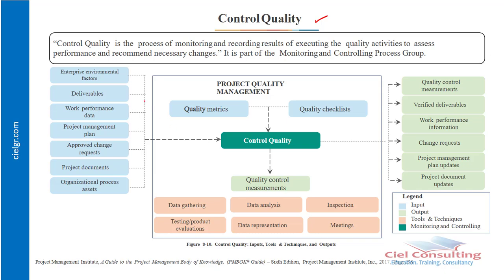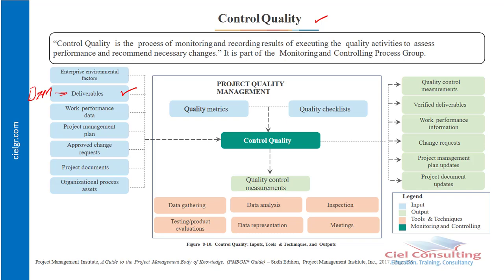So of course the input would include what we refer to as our deliverables. Don't forget that these are deliverables that are generated during the direct and managed project work. And if you remember back then, I mentioned that the deliverables, which are the output of the direct and managed project work, we now need to go through what we refer to as a control quality process.